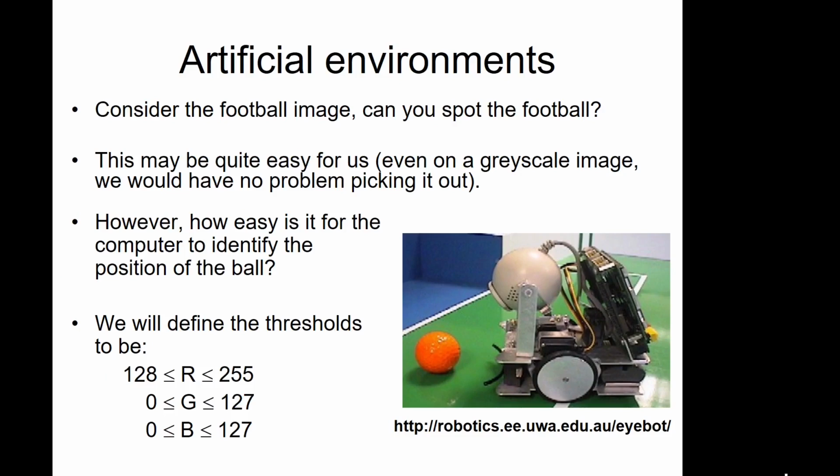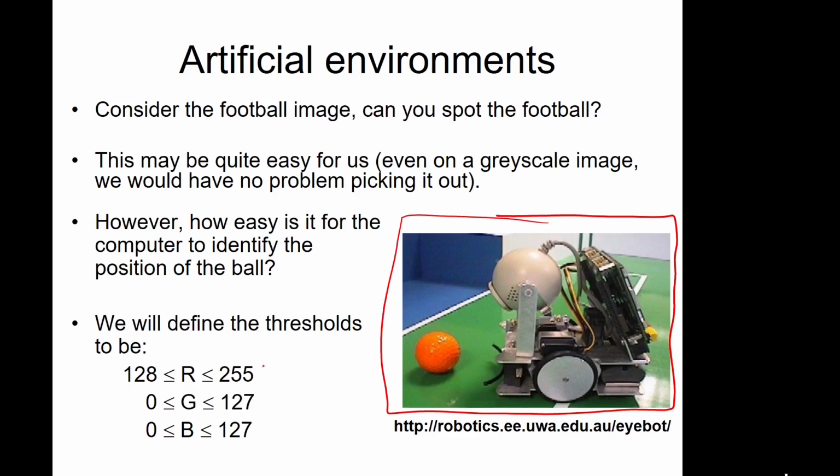So as an example, if we take this image here, say there's another robot and it's taken this image of the scene and it wants to try and identify where the football is and go to it. Well, the first thing we need to do is convert that image into a binary image. So we're looking for the ball, so we'll have a look for anything that's orange coloured.